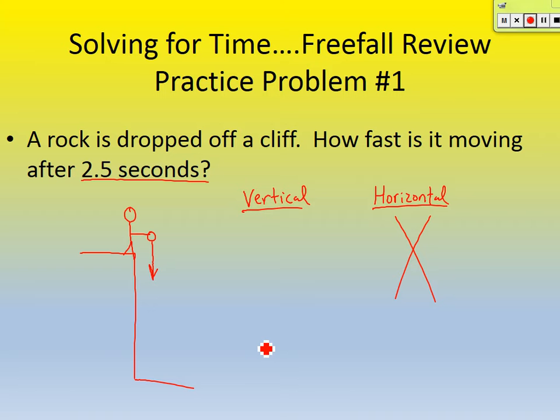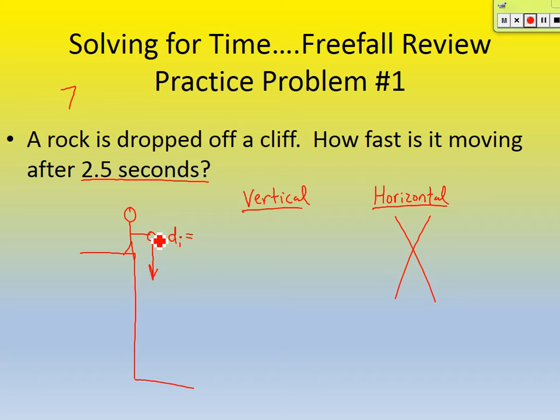Okay, we're going to list all the variables that we know. I like to put the variables right on the picture itself. So there's 7 variables, remember. And we're going to go through them and list all of them right now. This point at which you release it, we're going to say that's displacement initial.